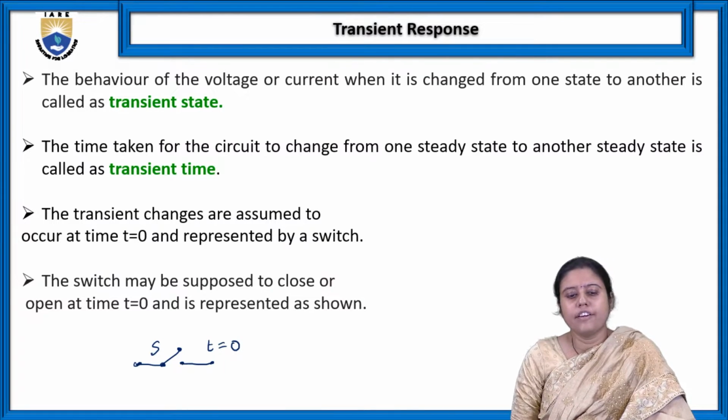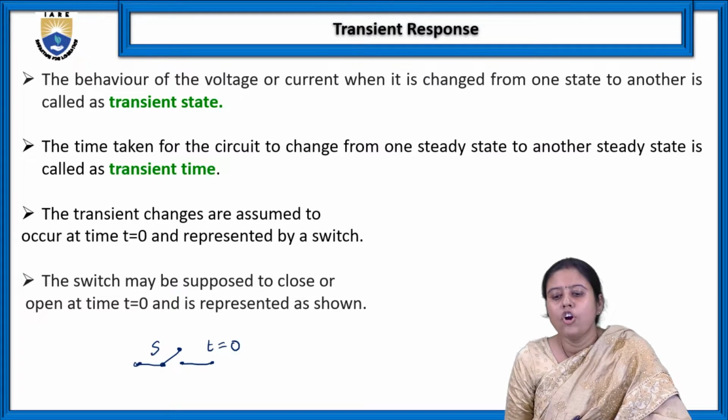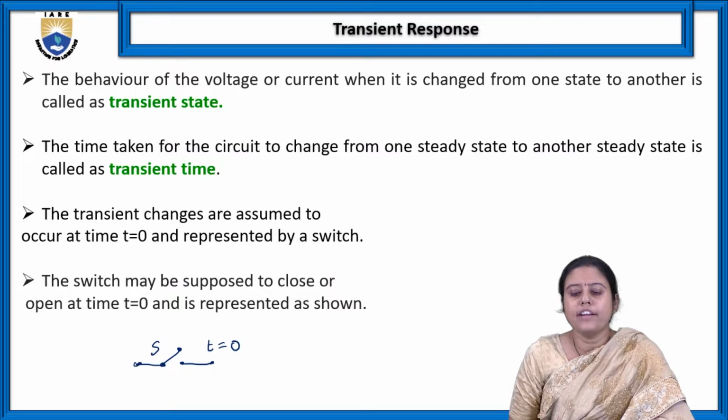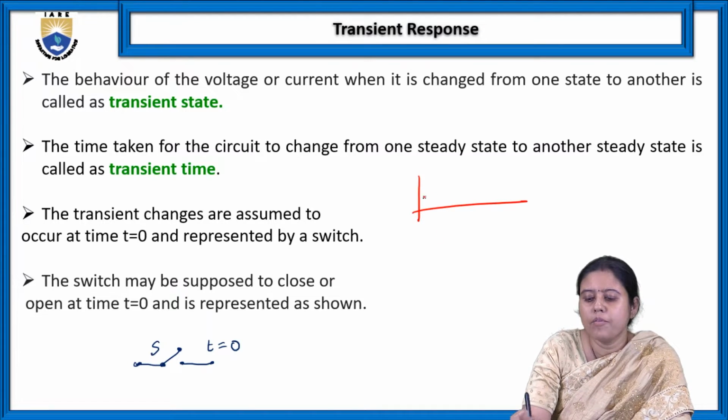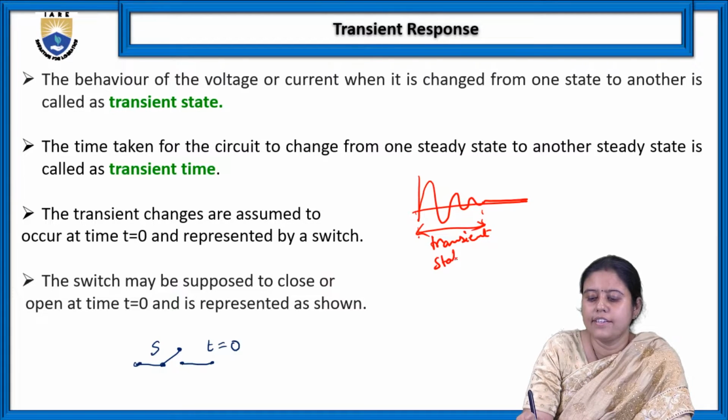Next, the transient response. The behavior of the voltage or current when it is changed from one state to another state is called the transient state. So say we are going from here to here like this. So this is the transient state.